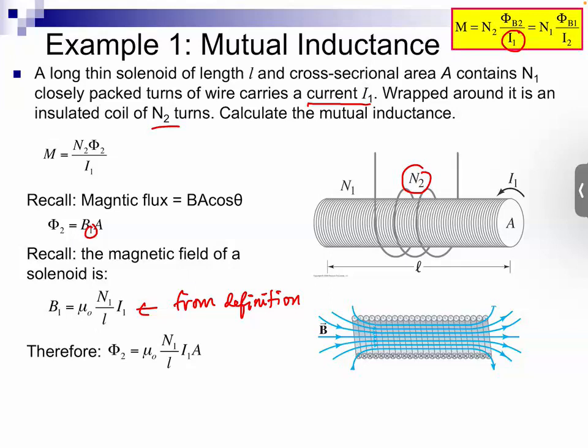We then substitute this definition of the magnetic field of a solenoid into the flux through coil 2. Hence, the flux through coil 2 is the whole equation for the magnetic field of a solenoid times A. Of course, that A comes from the definition of magnetic flux.